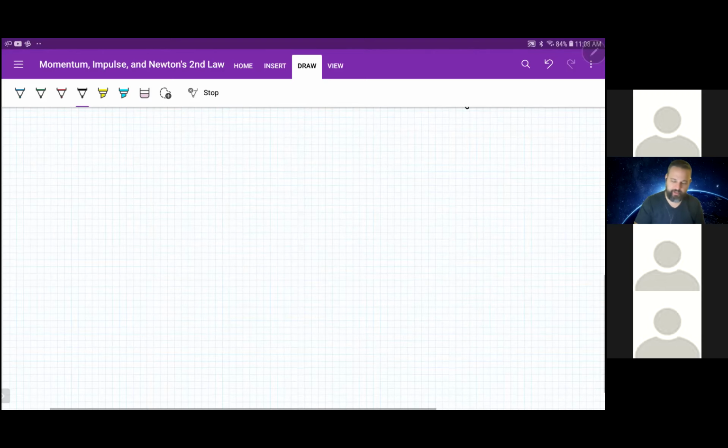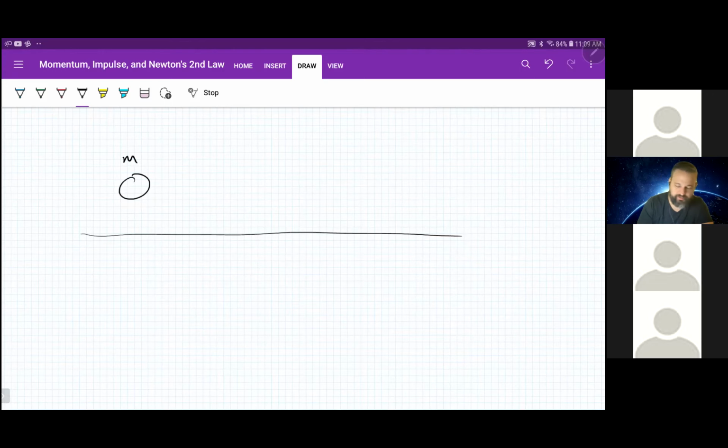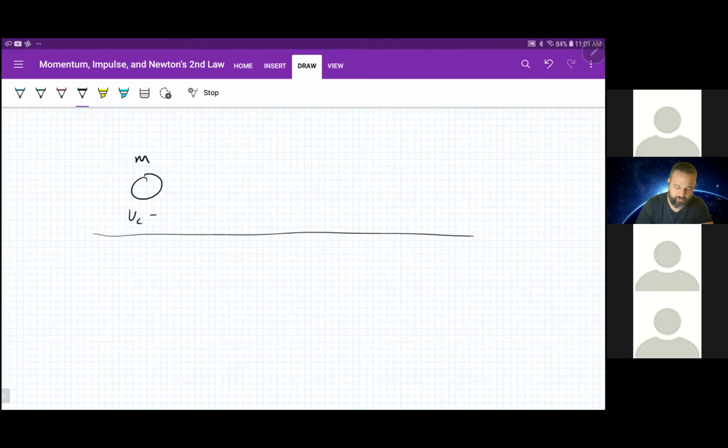But if we were to draw it out, we would have, let's say, a ball with a total mass M and an initial velocity VI going that way. And then sometime later it breaks apart. Let's keep it linear, all along the X line. Part of the ball goes off this way and that part goes off that way.